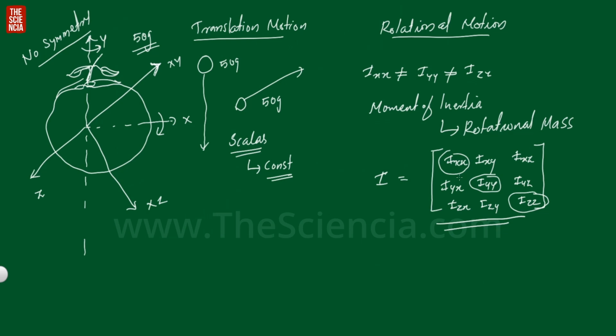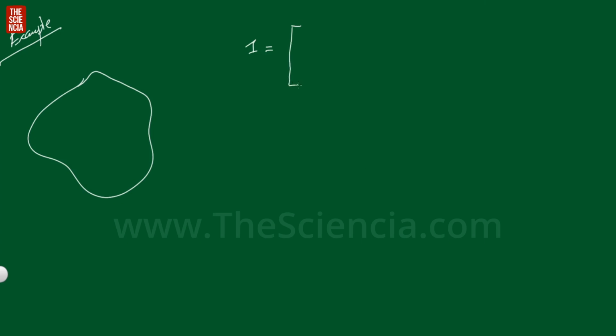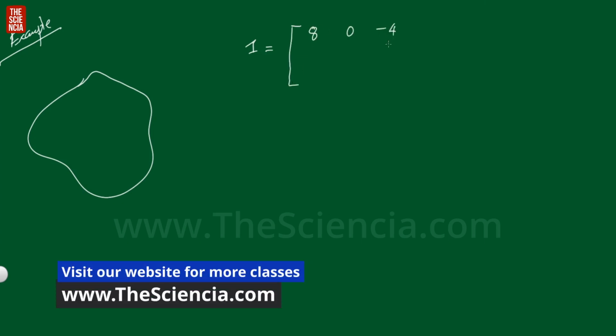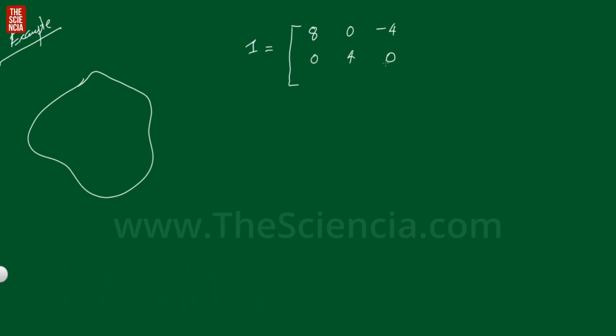I tell you one example. Example problem. This is my rigid body, and the moment of inertia tensor of this rigid body is this one: 8, 0, -4, 0, 4, 0, -4, 0, 8.